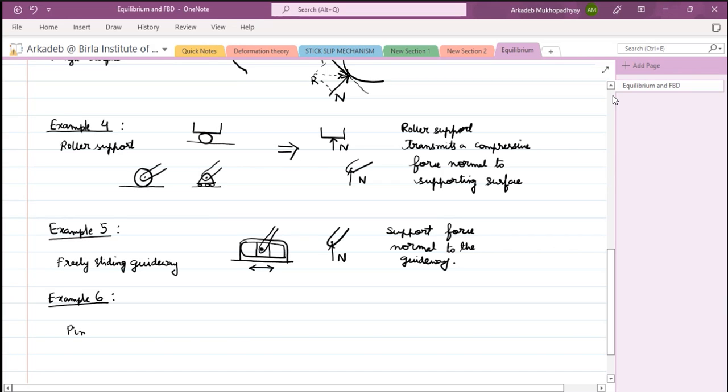What does guideway mean? Suppose you consider the piston cylinder arrangement in your cars. The cylinder is like a guideway. It only allows reciprocating motion of the piston, isn't it? It restricts the motion of the piston only to reciprocating motion.